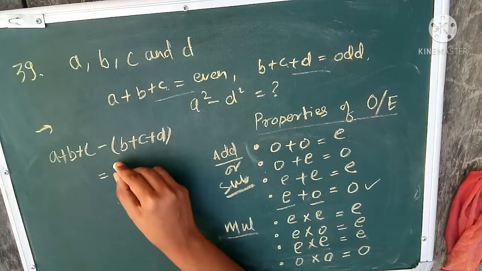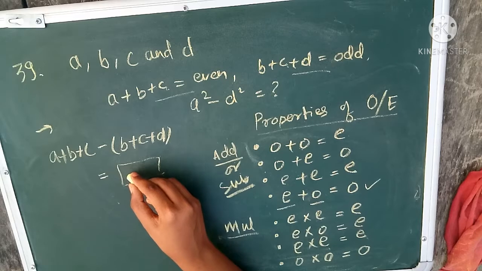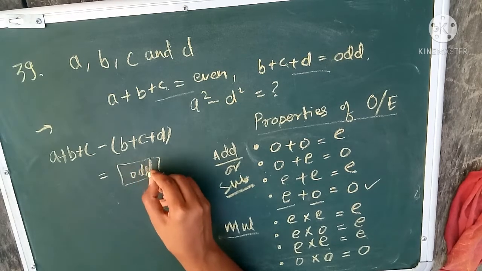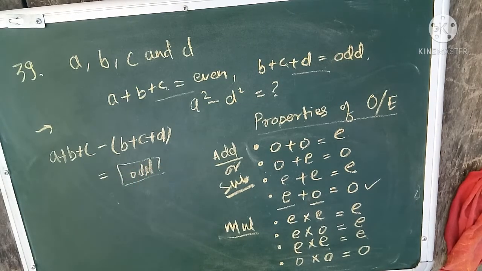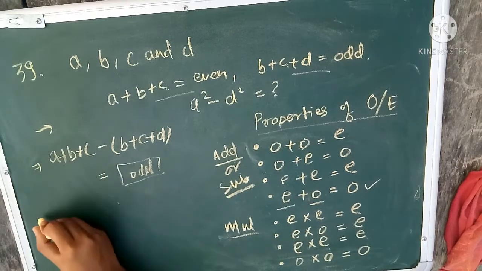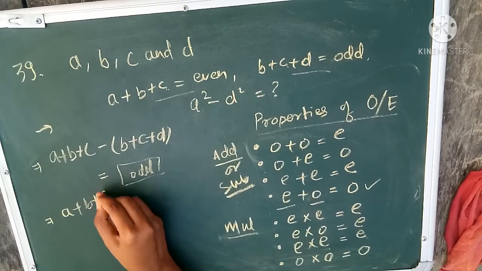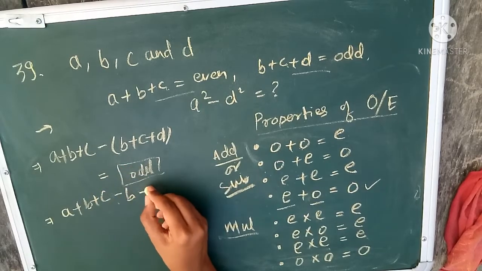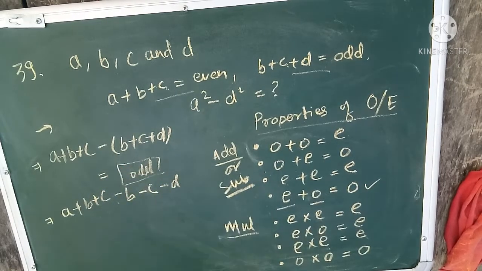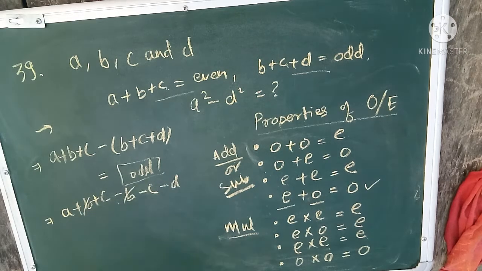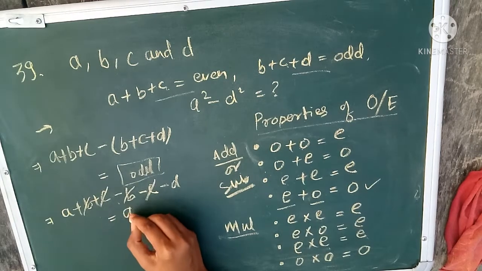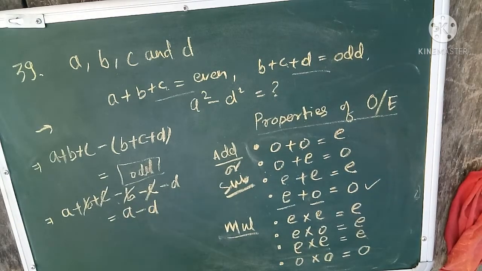So whatever the result will be here, we will get an odd number. After removing the brackets, we get a plus b plus c minus b minus c minus d. Here b and b cancel and c also cancels, and we get a minus d, and we know that a minus d is odd.